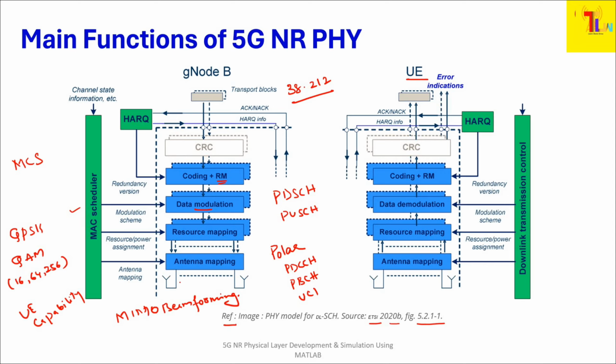NR also integrates beam management, what we call SSB, CSI-RS, and SRS. We have already seen how the PDSCH has been integrated with the SS block. Similarly, the SSB, then CSI-RS, and also the SRS, the sounding reference signal, are integrated so that the precoding can be adapted for beamforming.